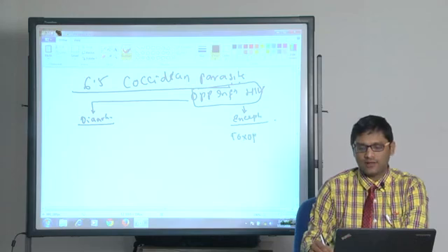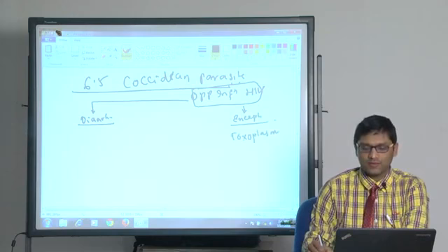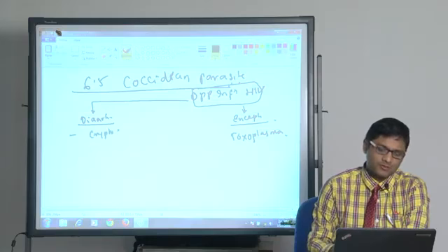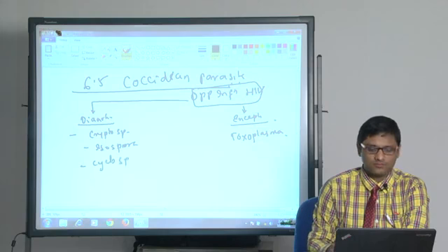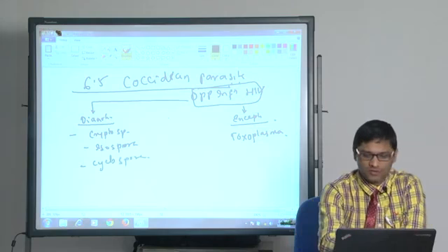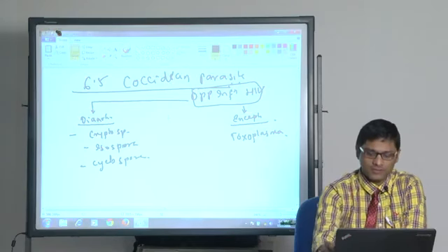Opportunistic encephalitis by toxoplasma, whereas diarrhea by cryptosporidium, isospora and cyclospora. So, these are the general important members of coccidian parasite.